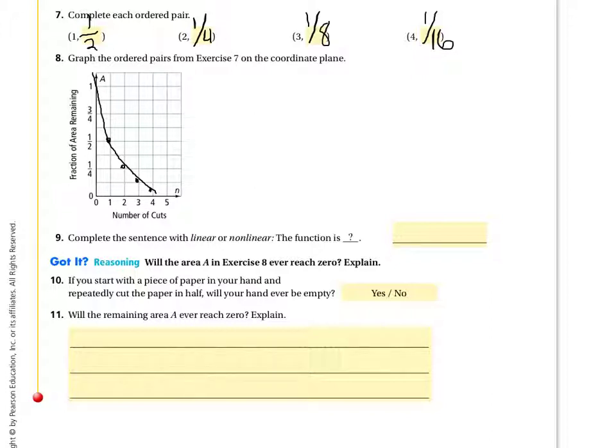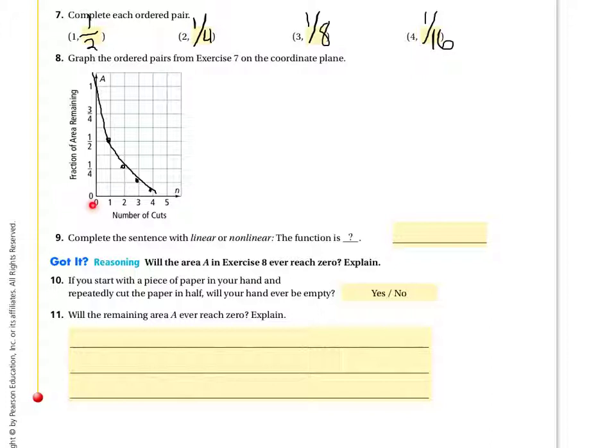So we remember when we graph points, we always start at the middle and go right or left first and then up. So there's my point for this point here. 1, 1/2 corresponds with this point here on our graph. The next one is 2.